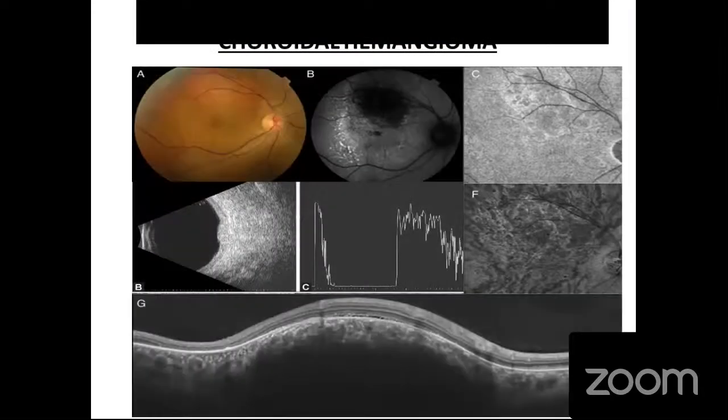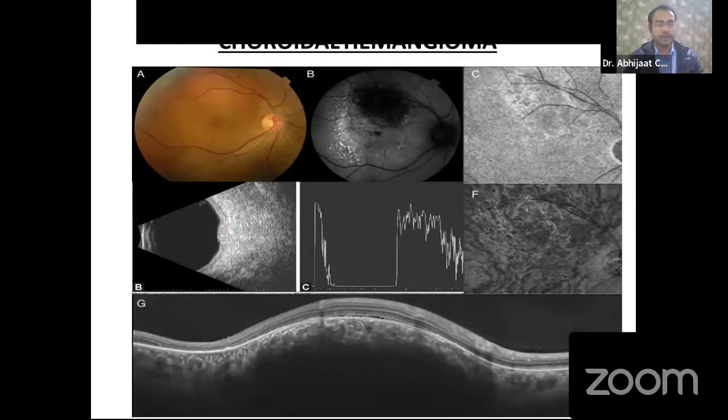So coming on to the choroidal hemangioma, it shows a reddish orange lesion which has an ill-defined margin. On the B scan, we see high amplitude with broad-based spikes. The lesion itself shows a biconvex or fusiform cross-sectional shape, and its internal brightness is generally similar to the orbital fat.